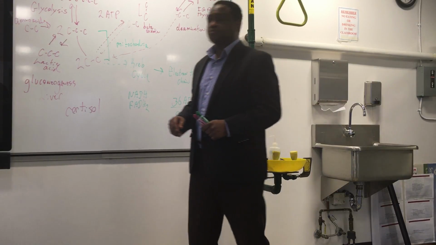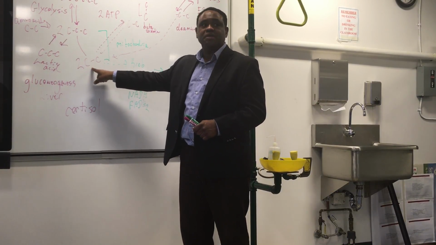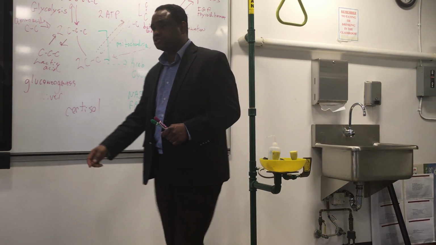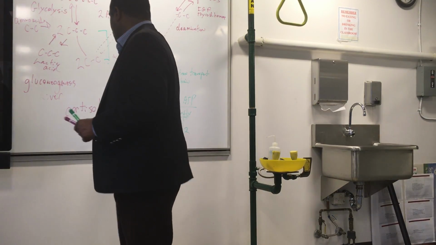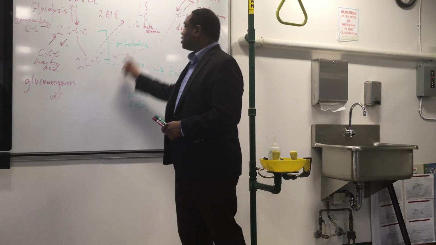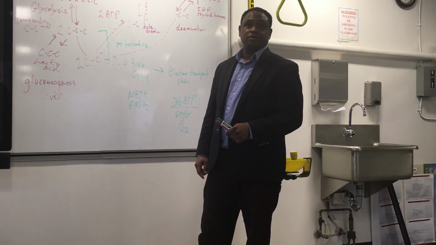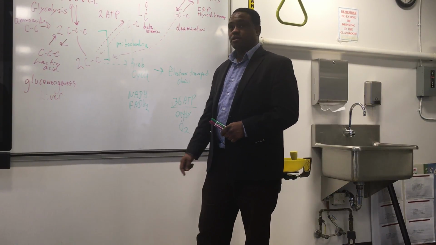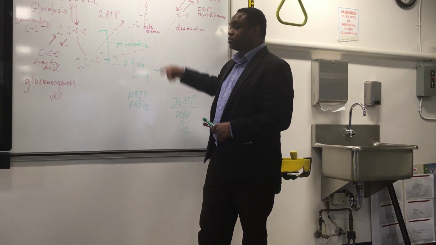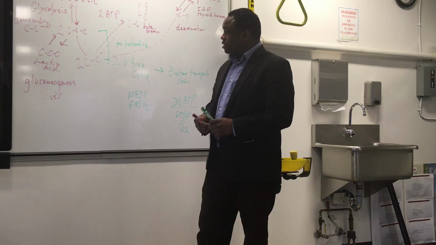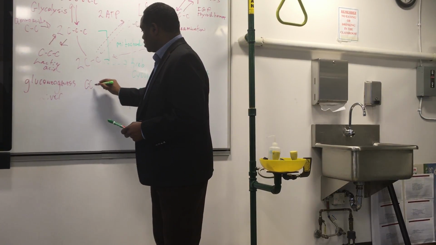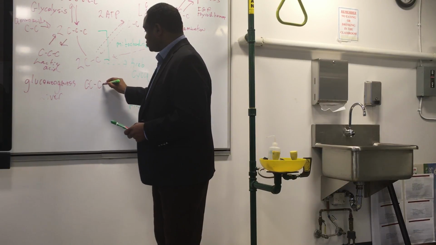Well, you know it already. You start forming a whole bunch of what? These 2 carbon molecules. What I want you to pay attention to now is that once you form a whole bunch of these 2 carbon molecules from breaking down your fatty acids and putting amino acids into the Krebs cycle, or at least going through deamination, you start to have a 2 carbon molecule bond with another 2 carbon molecule.